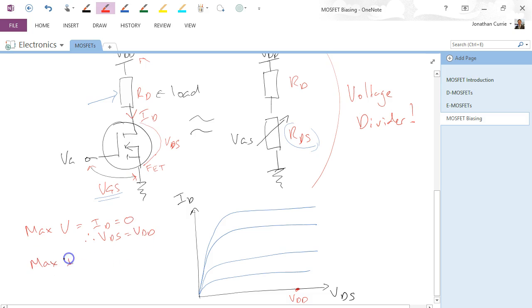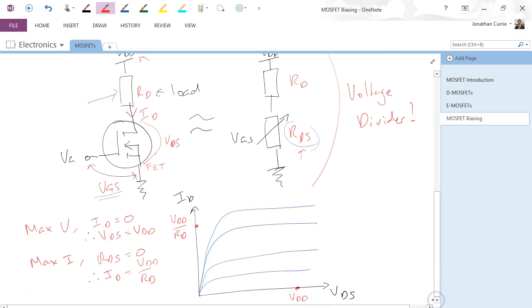And the maximum current that can flow is when RDS, this resistance here, is equal to 0, and therefore ID is only equal to VDD over RD. This voltage divided by that resistance, assuming that this guy goes to 0. So RDS equals 0, the only resistance in this series circuit is RD. And that gives us a point up here, for example, VDD over RD.